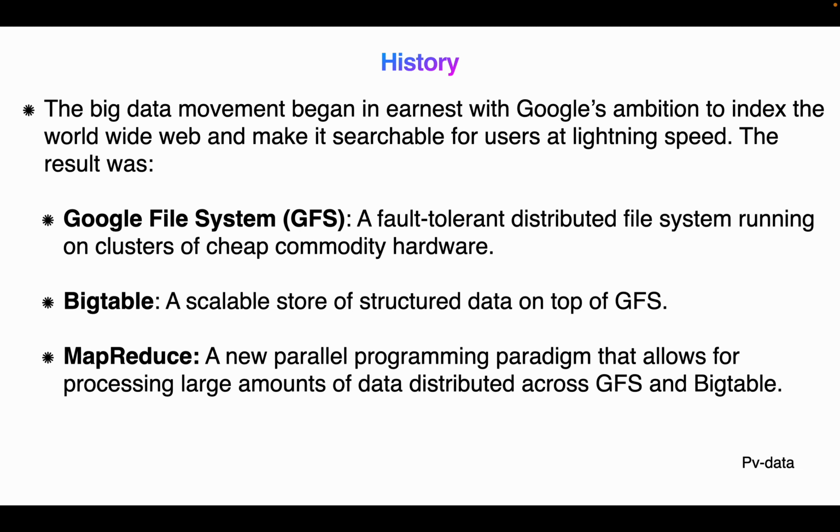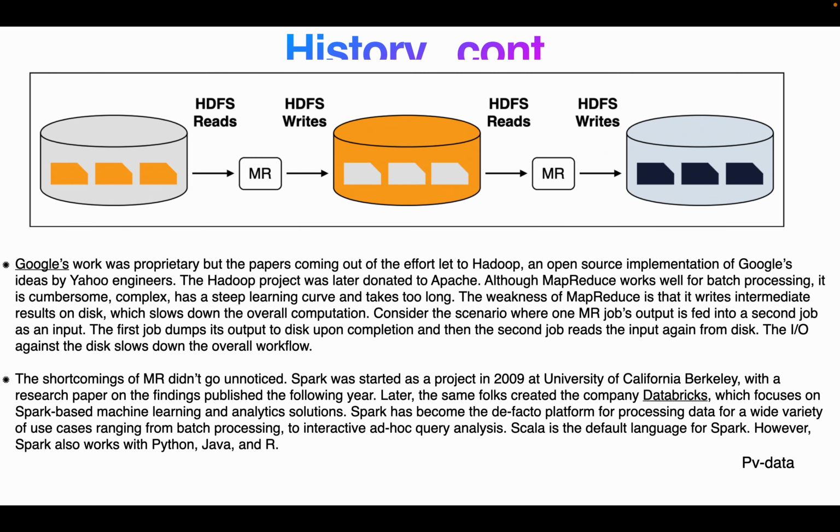Then Bigtable is scalable structured data storage on top of GFS, and they use MapReduce to read data from Bigtable. It was a new parallel programming paradigm that allows processing large amounts of data distributed across GFS and Bigtable. So this was the processing.